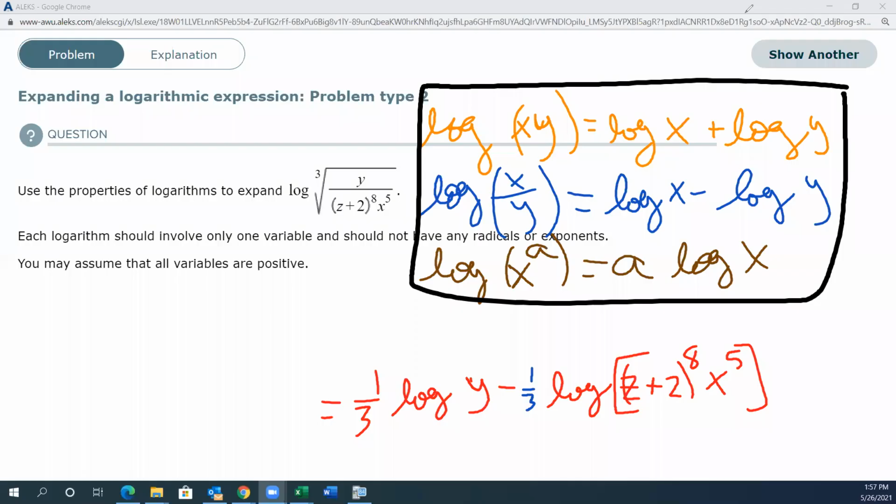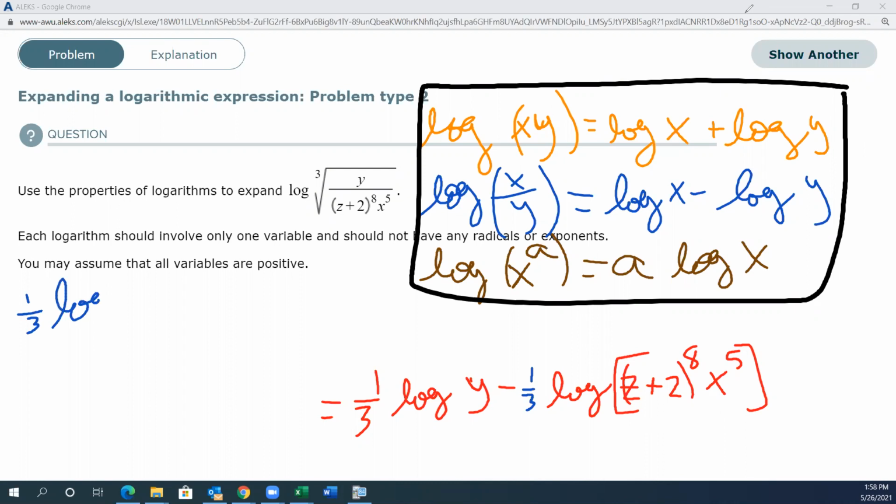Okay. So obviously this log is done. It's just y. There's nothing going on. This one, I've still got multiplication and exponents. So it's not all raised to the same power, but it is one big multiplication problem. So I will use the multiplication addition rule. All right, so we're going to get 1/3 log y.